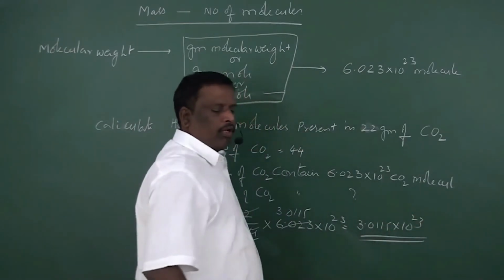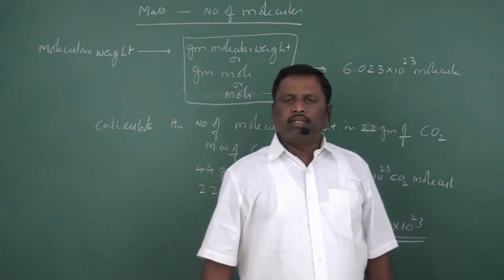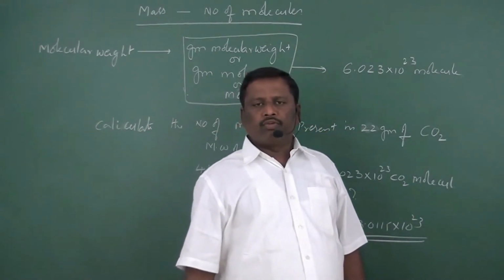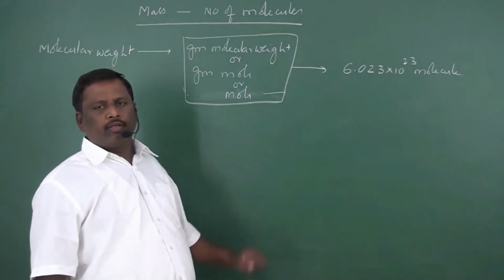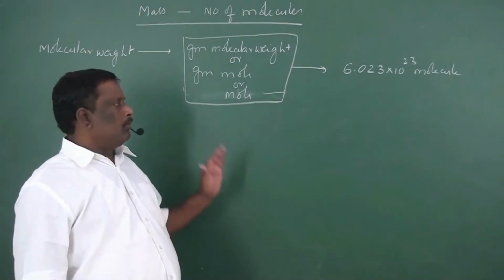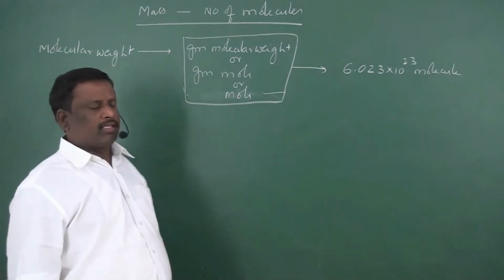So these are the number of molecules present in 22 grams of CO2. Now we are going to discuss the relationship between the number of molecules and the mass of the substance.